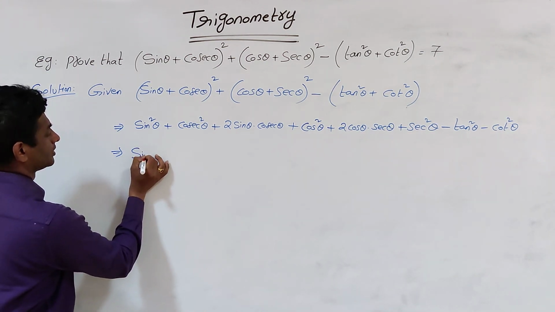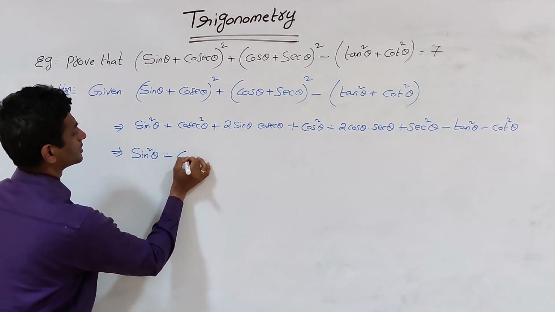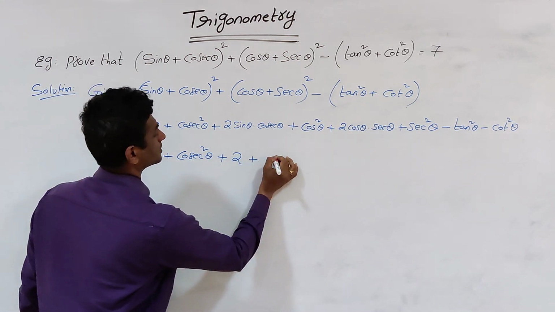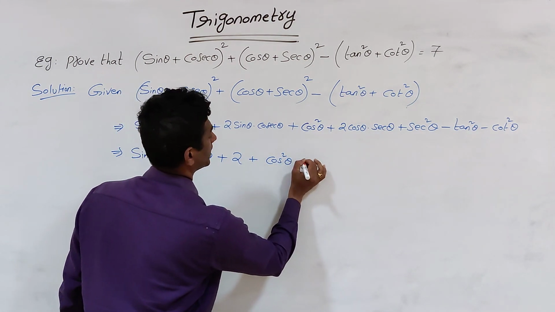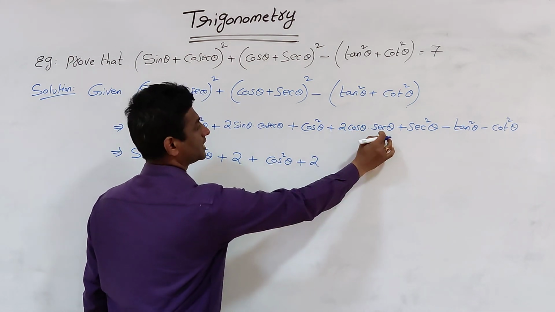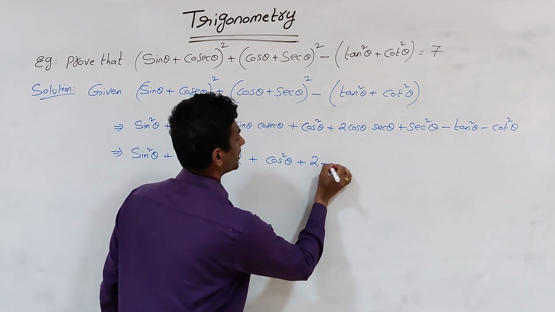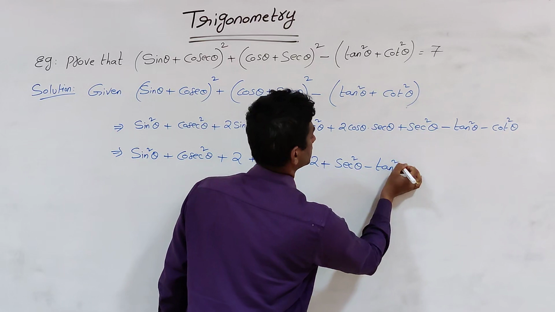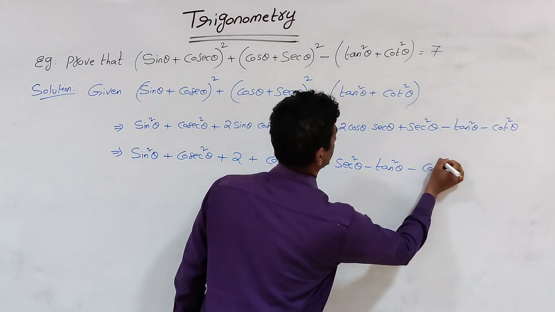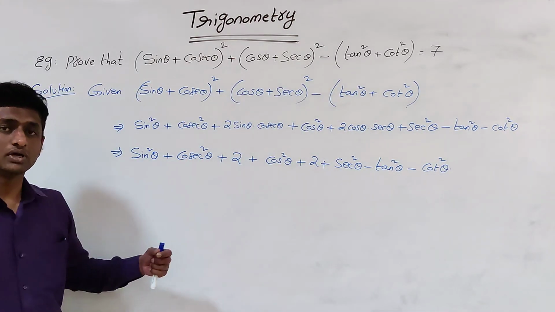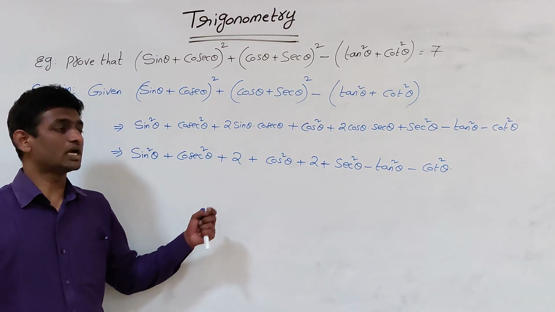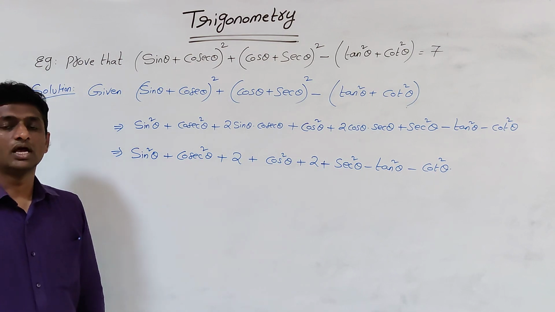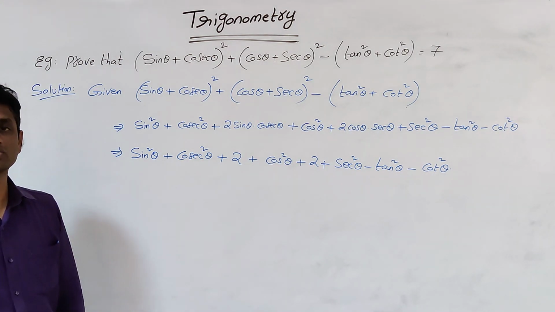So sin square theta plus cosecant square theta plus 2, plus cos square theta plus 2, because cos theta into secant theta is 1, plus secant square theta minus tan square theta minus cot square theta. And we have identities. Sin square theta plus cos square theta is 1, secant square theta minus tan square theta is 1, and cosecant square theta minus cot square theta is equal to 1.